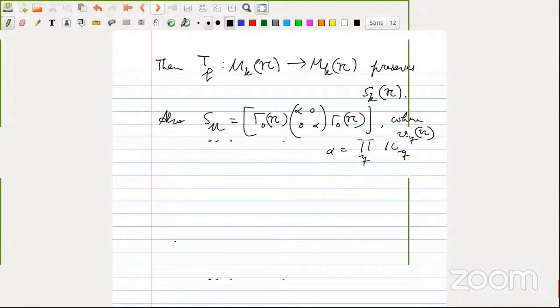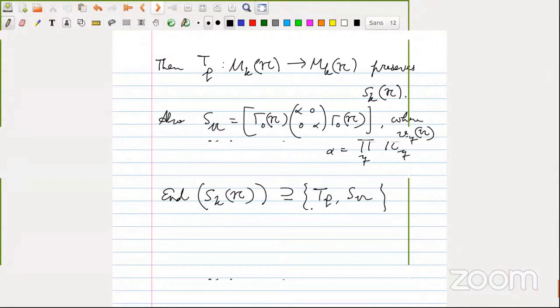Then we create this algebra, which is the Z-subalgebra of the endomorphisms of S_k of level n, and this contains the T_P, S_A, and things like that.